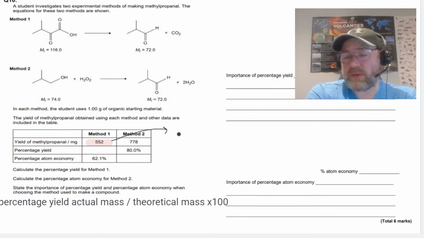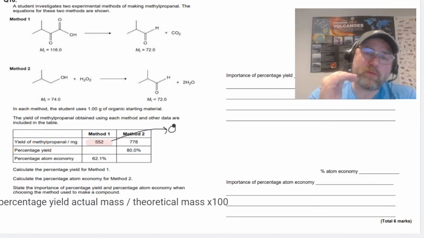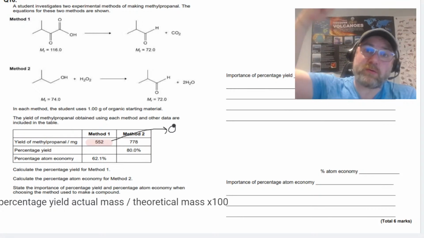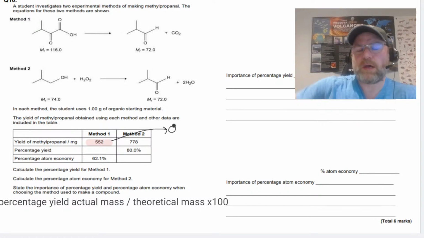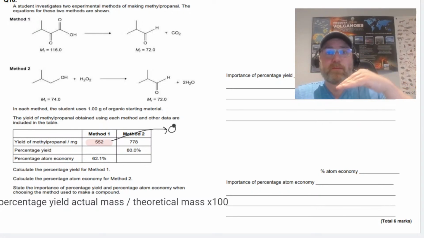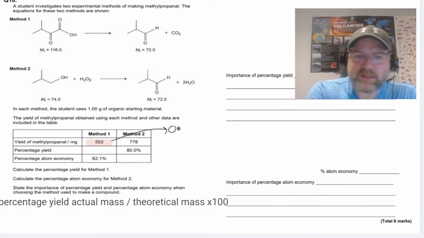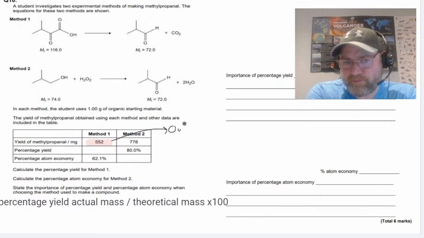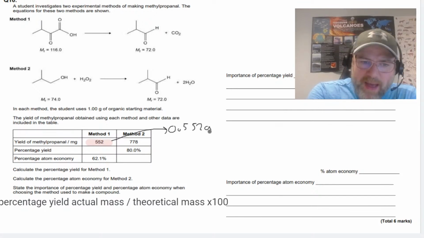So what you want to do is divide by 1,000. When you're going up the scale, you divide by 1,000. So if you're going from milligrams to grams, divide by 1,000, just like if you were going from meters to kilometers or joules to kilojoules. So this would be 0.552 grams.